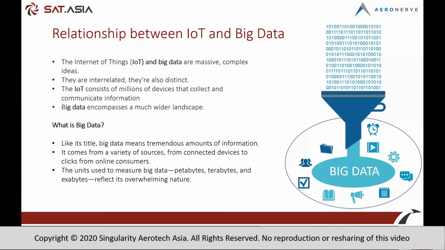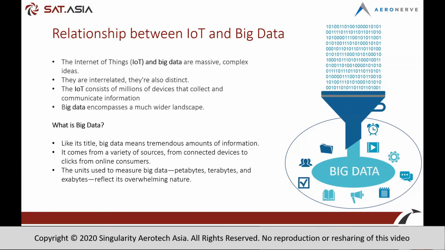But it's also related to the things that people do. The farm workers, for example, will have a log of the tasks that they need to do. Those are data too.